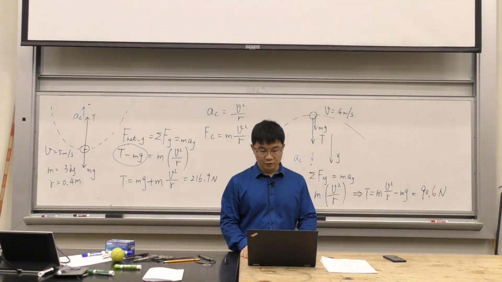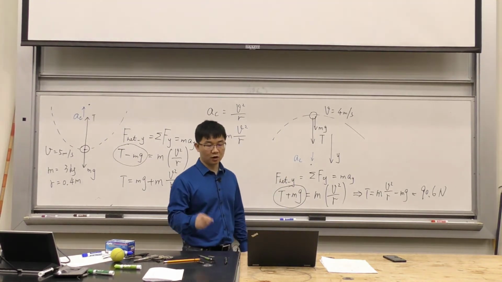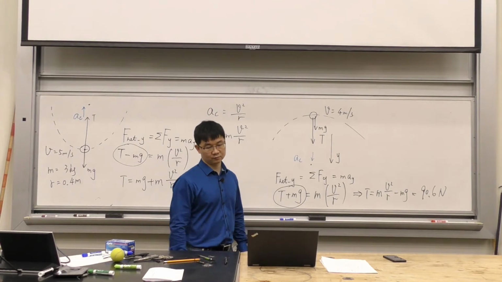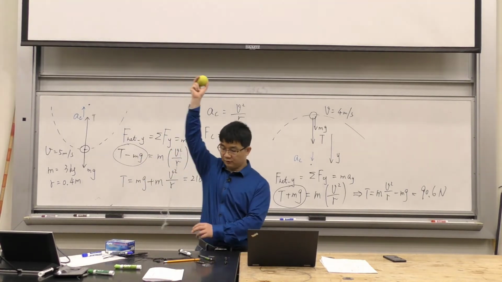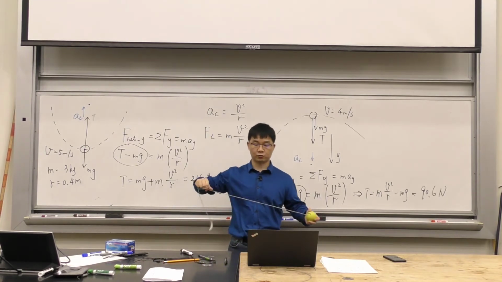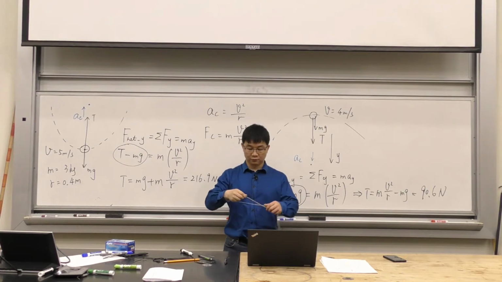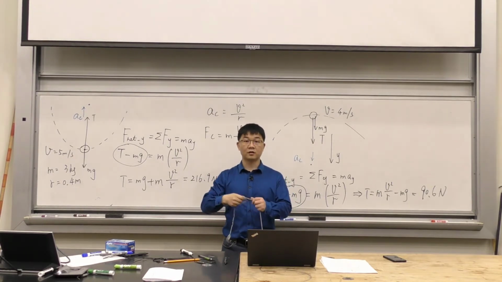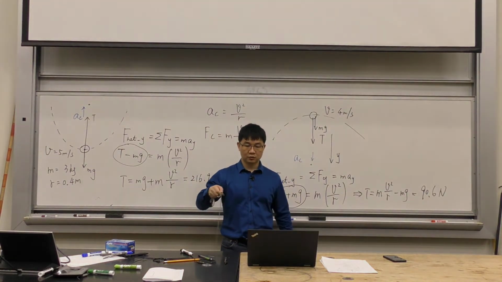Now let's take a look at the next slide. What is the minimum speed of the ball at the top to complete the circular motion? If you have ever done this experiment, if I want to swirl a ball in a vertical circle, I know that I have to swing it at least with a certain speed so it can reach the top, right?